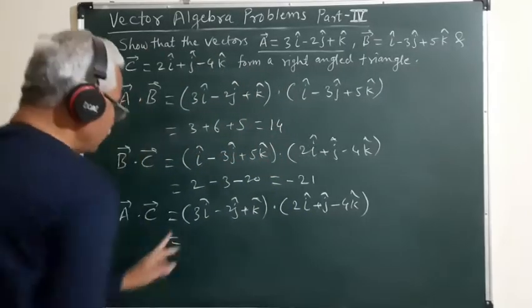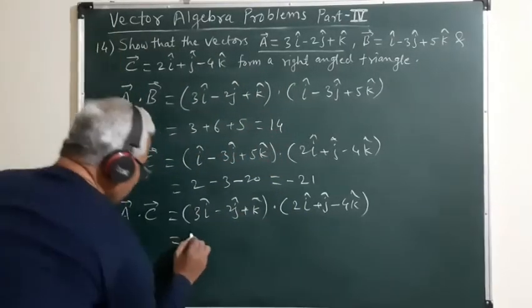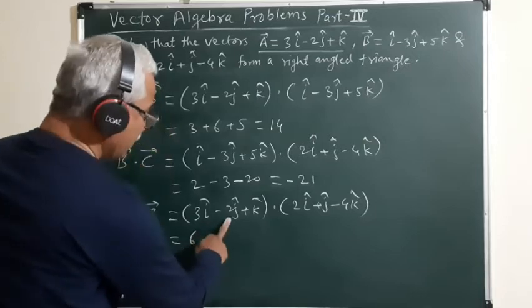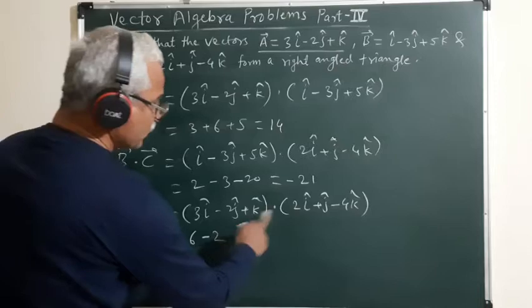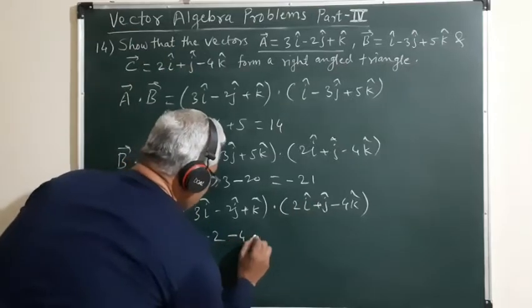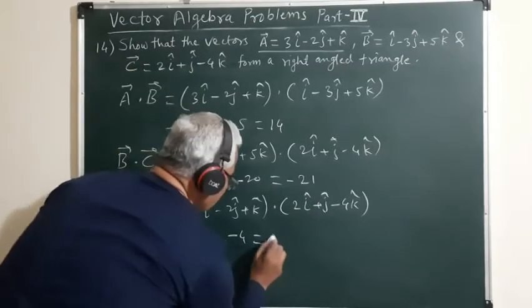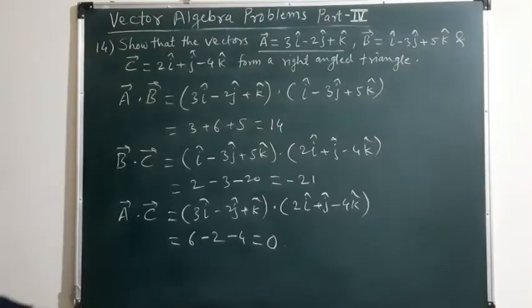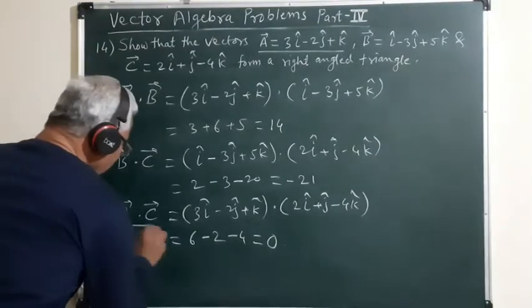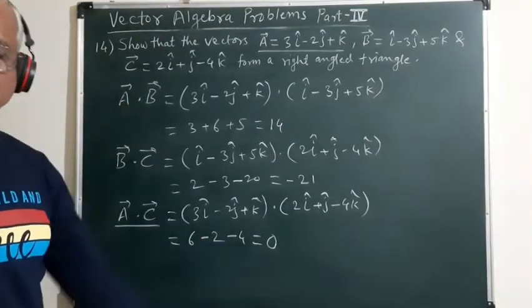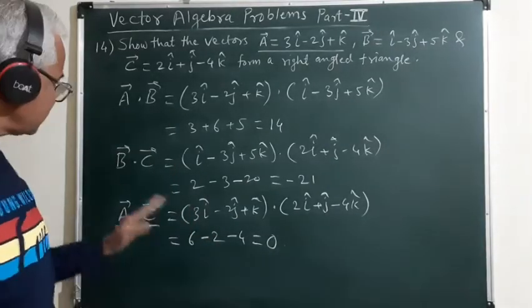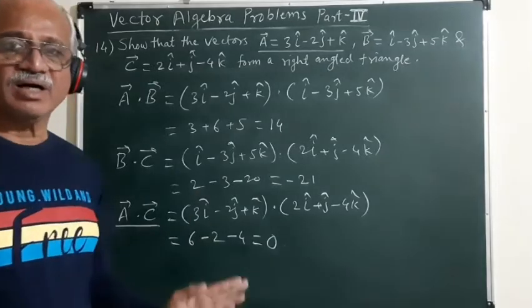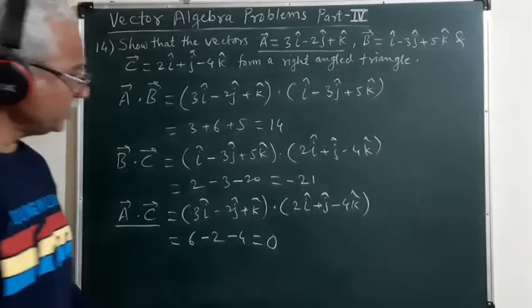So this is equal to 3 into 2 is 6, minus 2 into plus 1 is minus 2, plus 1 into minus 4 is minus 4. So this works out to be equal to 0. So since the dot product of a bar and c bar works out to be equal to 0, this clearly indicates that the vectors a bar and c bar are mutually perpendicular to each other.